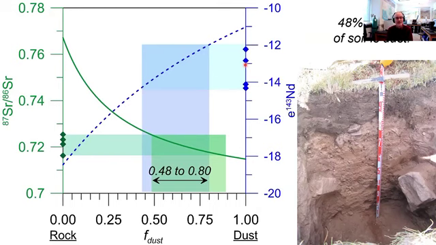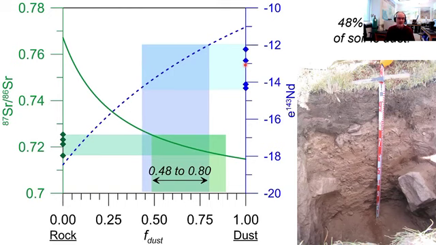The intersection of these leads to the conclusion that the soils in this area, the upper meter of the soils in the high Uintas, are composed of anywhere from 48 to 80% dust by mass, which is a nice way to put a number on what I've now hammered away at for my last several slides.